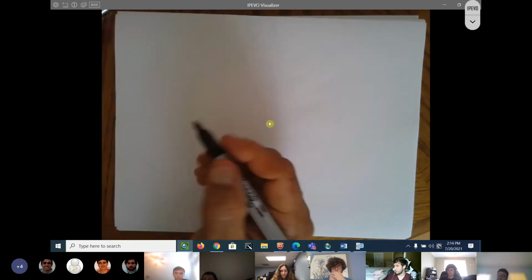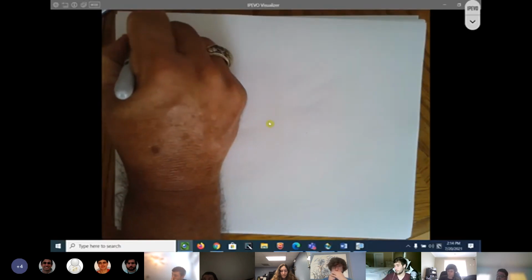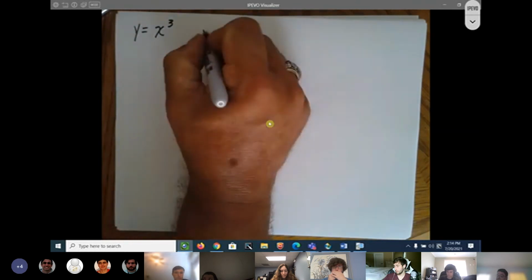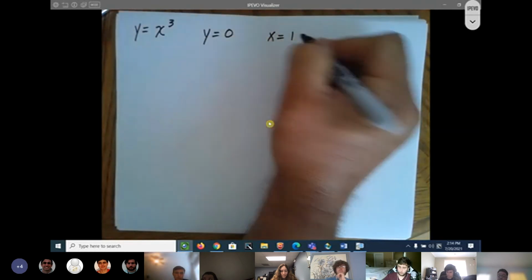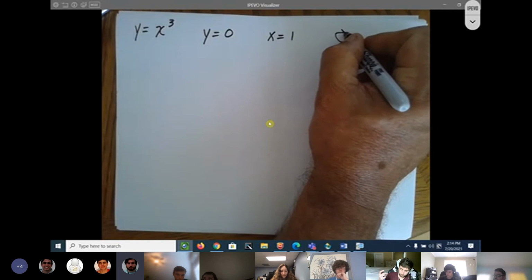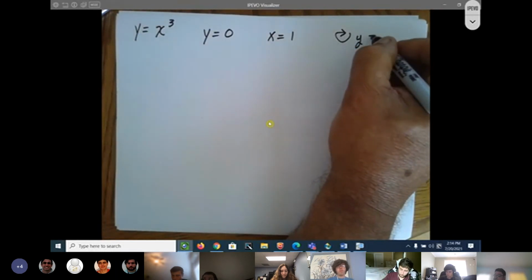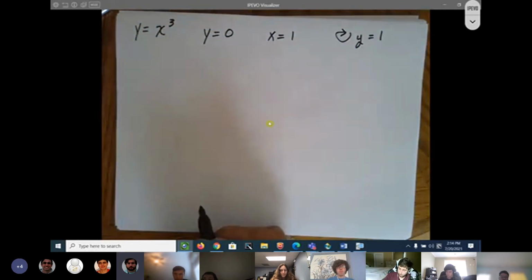Y is equal to x cubed. Y is equal to 0. X is equal to 1. And we revolve it around y is equal to 1. I don't think we did this one because I just made this one up today.